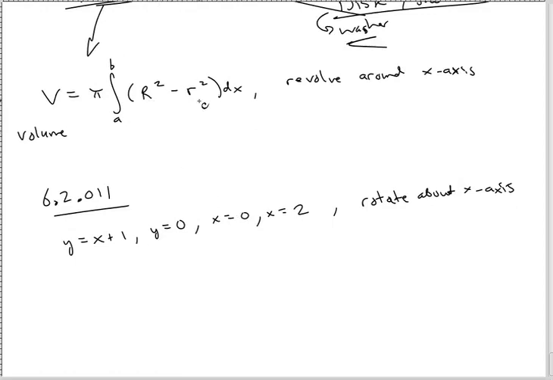So what is capital R, little r, and pi, and all this other stuff? Well, capital R is what I would like to say my top, and little r is my bottom. And so you could technically rewrite this as pi integral of top squared minus bottom squared dx.